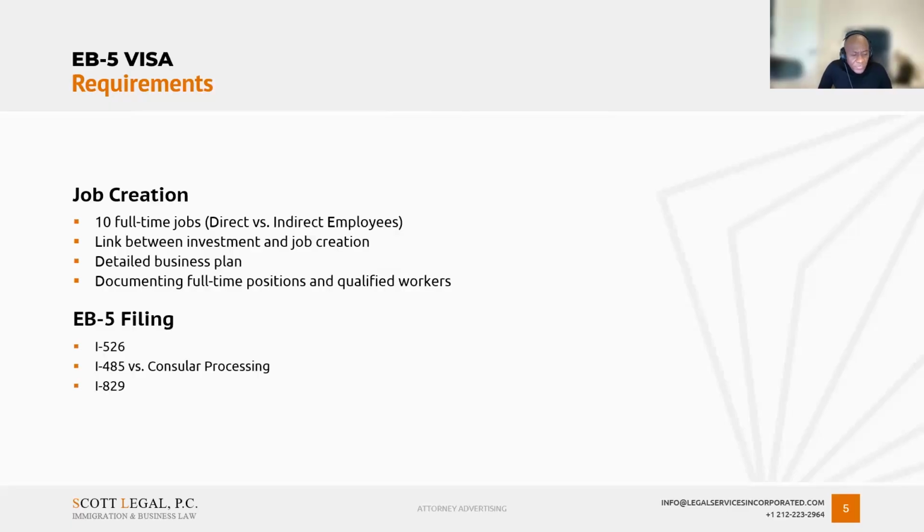Typically, if you're investing 800,000, the category is current across all countries. So you would be able to file the I-485 concurrently in that situation. And if not, you'd have to wait for the category to become current.